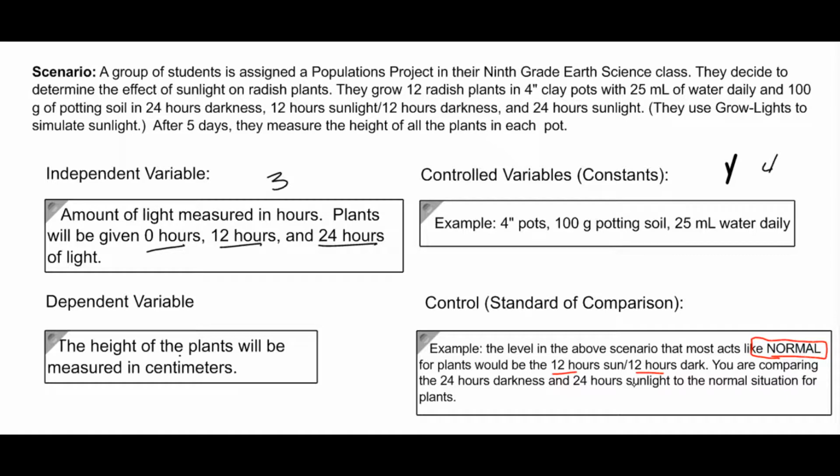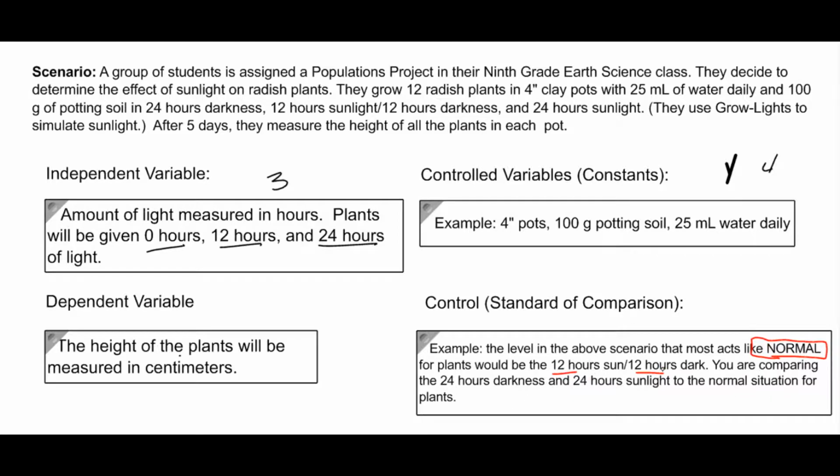Now, of course, we know in the seasons that's not always true. It depends if you're close to the poles or close to the equator. But you can think of that as being as close to normal as possible. And so you're comparing the 24-hour darkness and the 24 hours of sunlight to a more normal situation of daylight and dark.